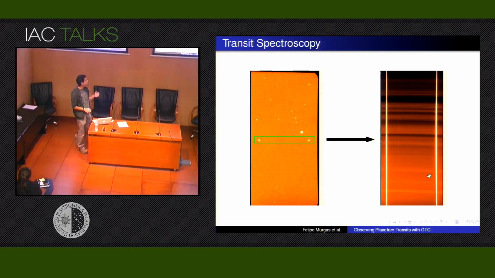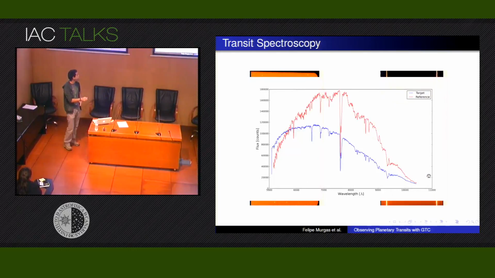Then you extract the spectra, so you can have the light of both stars in different wavelength regions. And once you have this, you can make several filters, Johnson filters, and start separating the light in different wavelength ranges, so we can see if we can detect any atmospheric features.